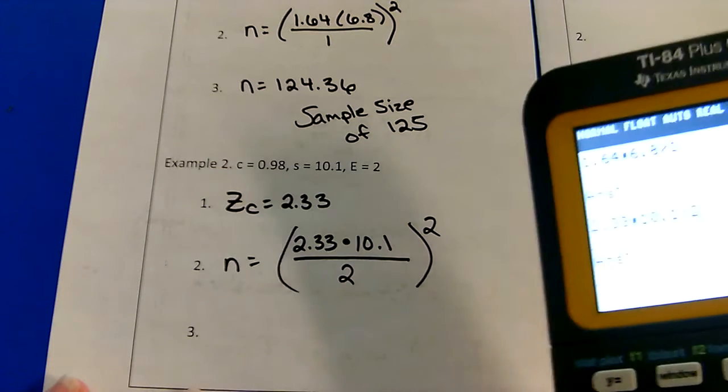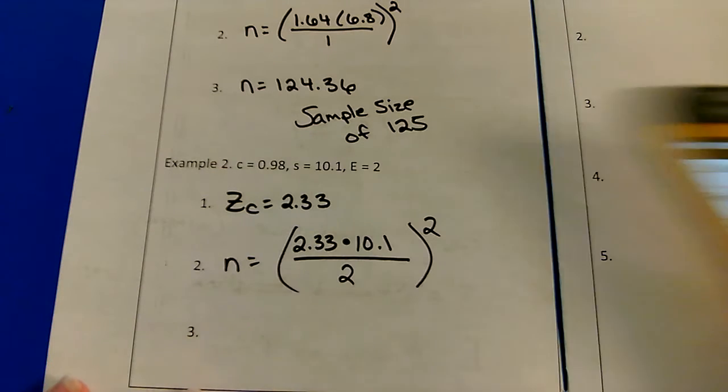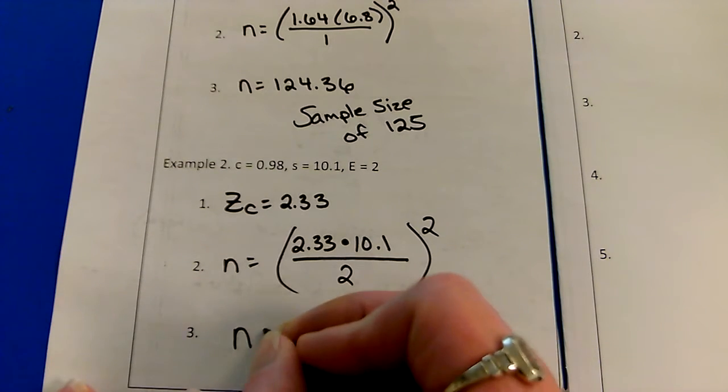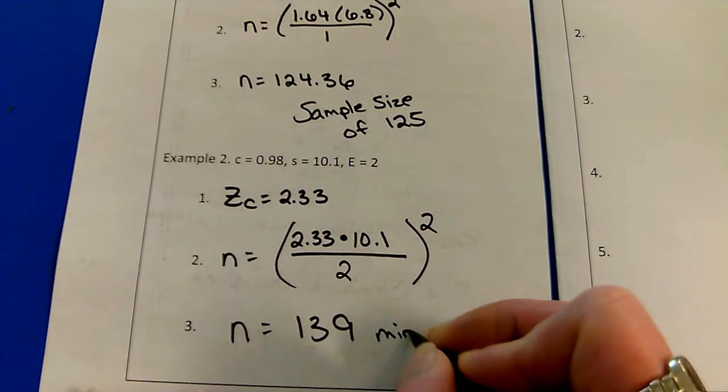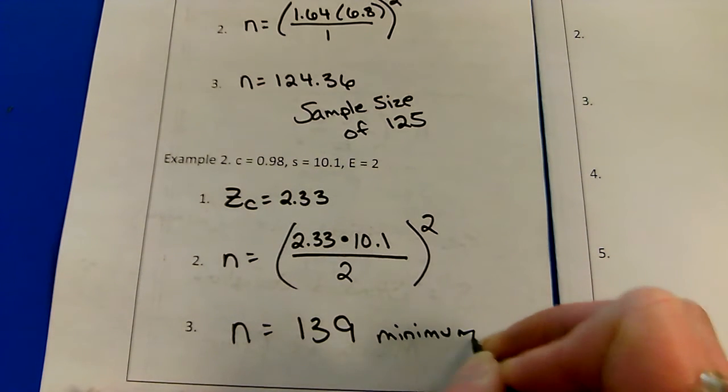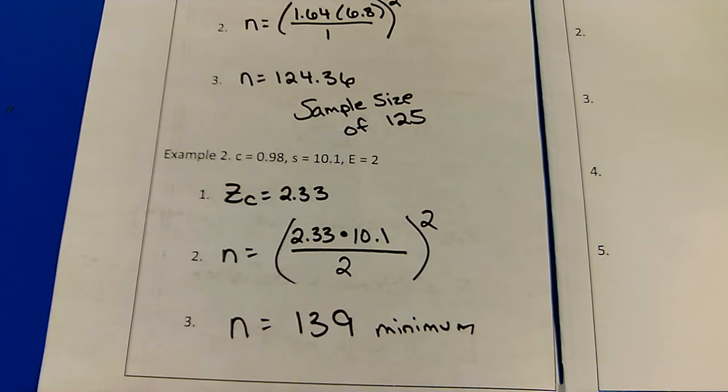And I got 138.45. So my n really needs to be 139 minimum. Would it hurt to go to 140? No, not at all.